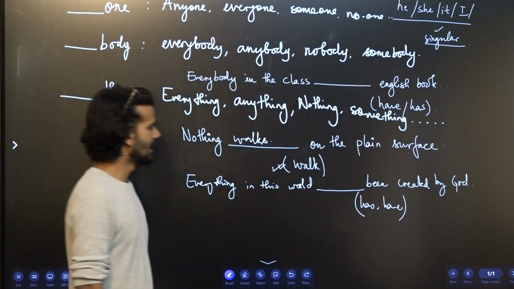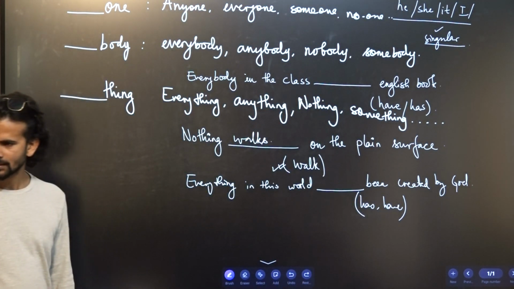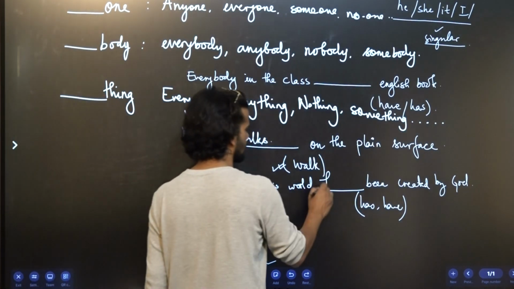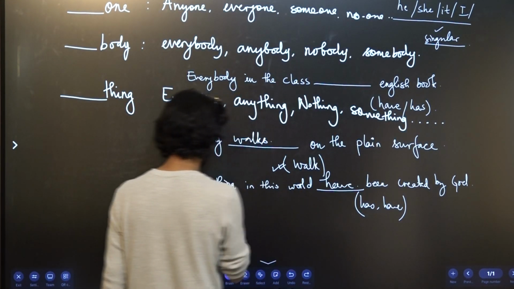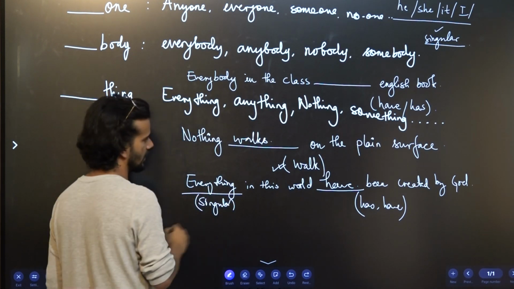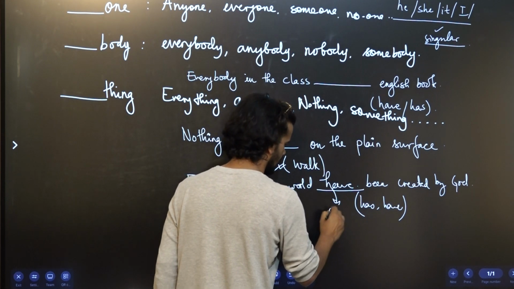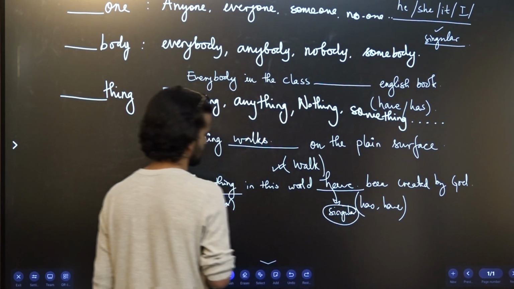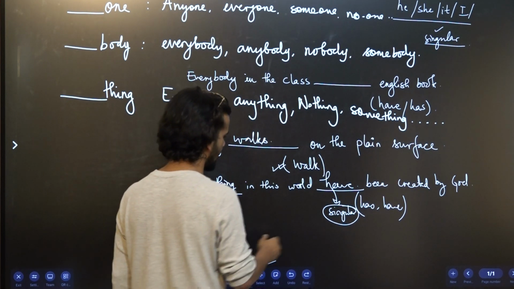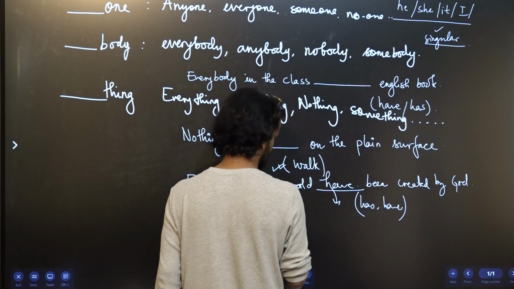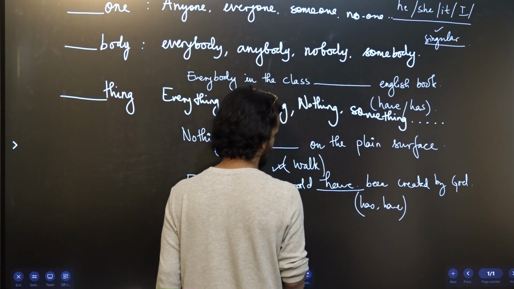Has been created. Because everything is singular. Everything is a singular pronoun. Have is also singular. Oh, sorry, not have. Has. Everything in this world has been created, not have been created.